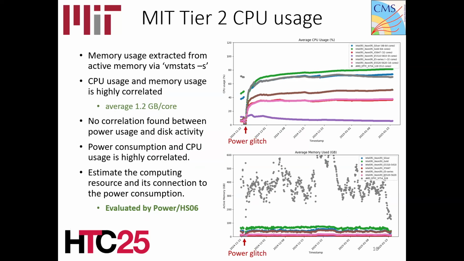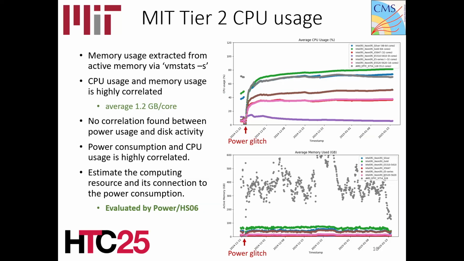You can also see the dip in the power glitch. For the other usage, like disk usage, we don't find a very strong correlation to the power consumption. The second thing is that the proportion between the CPU usage and the memory usage is relatively similar among different CPU models. It is found to be about 1.2 gigabytes per core.